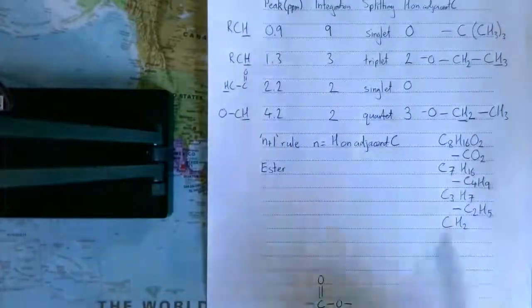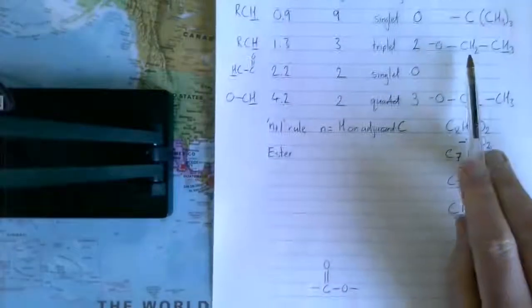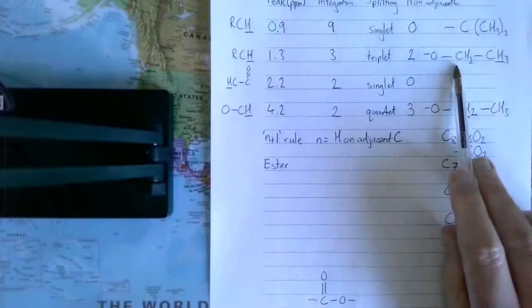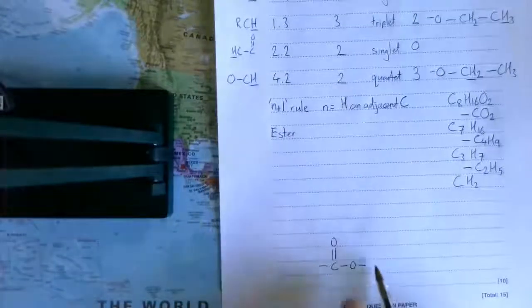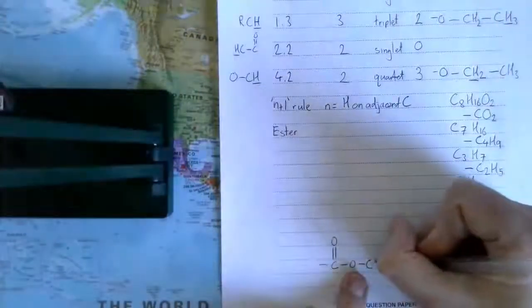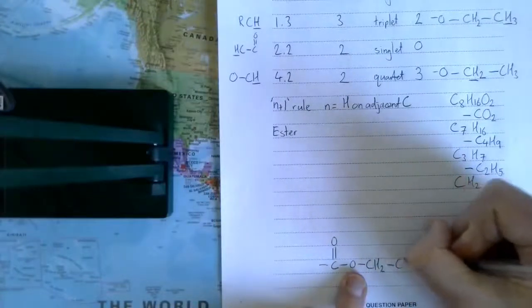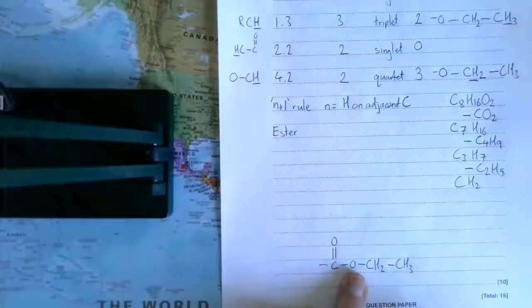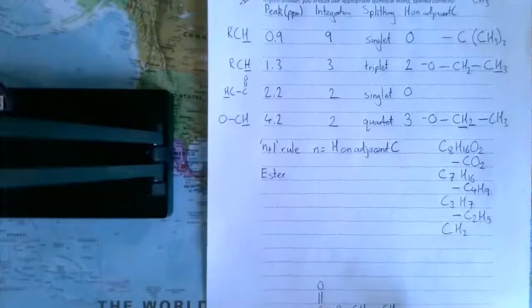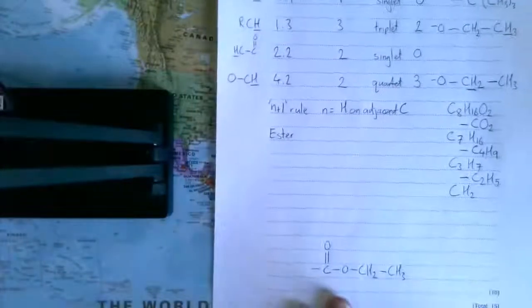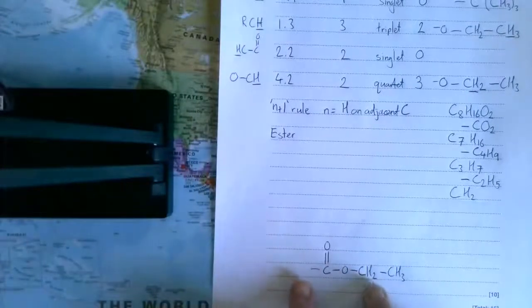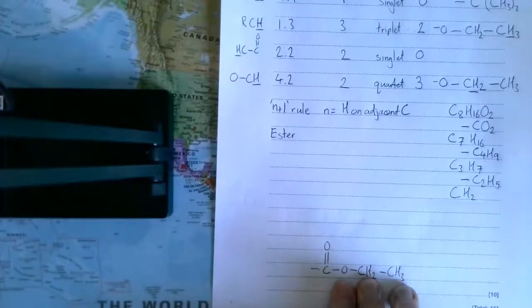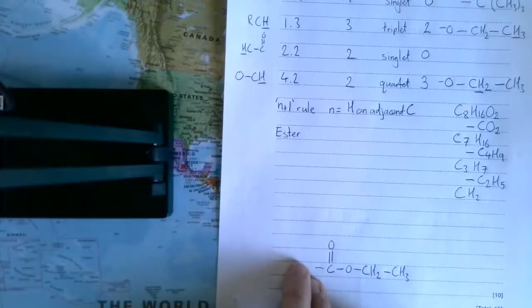Before I confirm that this matches up, the CH2CH3 is bonded directly to the oxygen. So we can put that on there. It's always worth noticing that for an ester, the CH2 could have been bonded to the oxygen or it could have been bonded to the carbonyl.